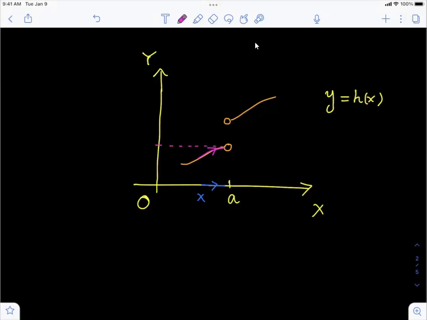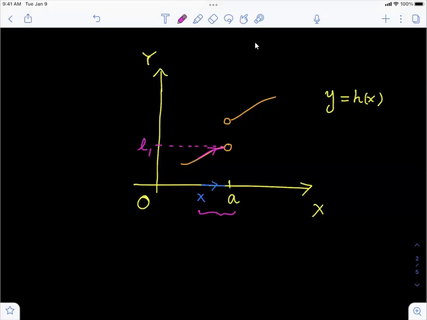The function values are approaching a certain height. I will name it L1 for convenience. Level 1, you can call it a level, or you can call it a limit. Whatever you call it, what it gives us is the behavior of the function when you consider this particular action. When x is moving towards a, what is the limiting value?